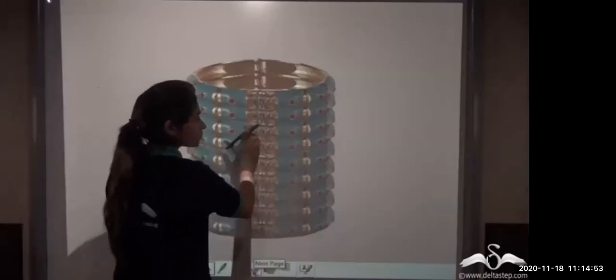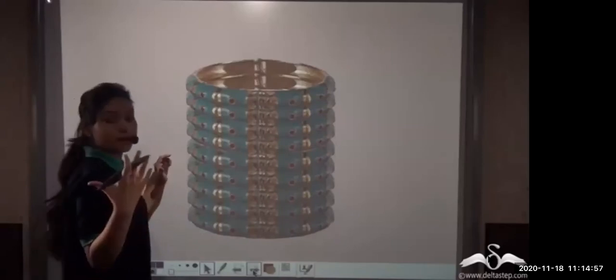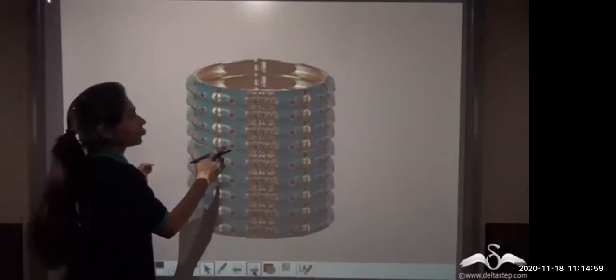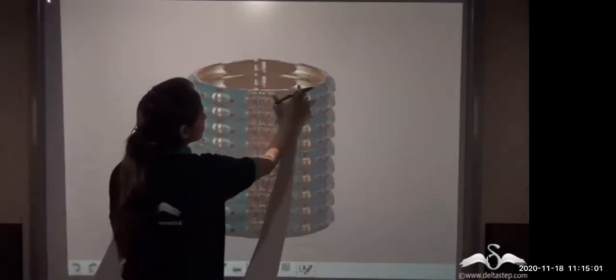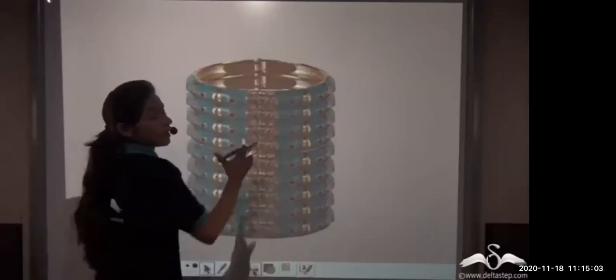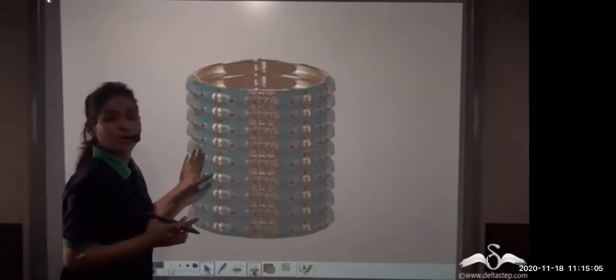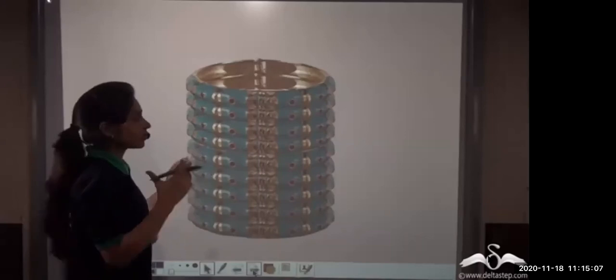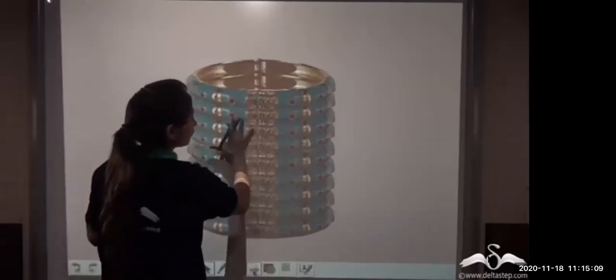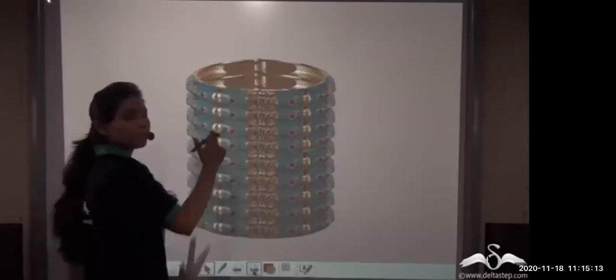These are having a curved surface and two circular bases. But what is the difference between a cylinder and this cylinder? The difference is that this cylinder is actually hollow from inside. That is why this kind of cylinder will be called a hollow cylinder, because it is having the same curved surface and the circular bases, but the difference is that it is hollow from inside.